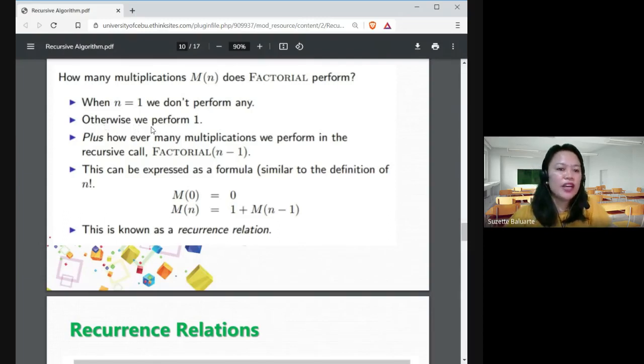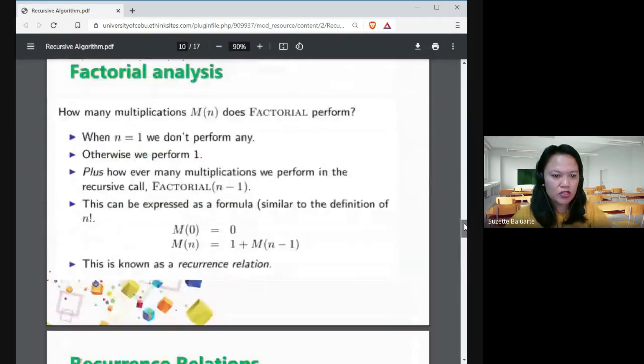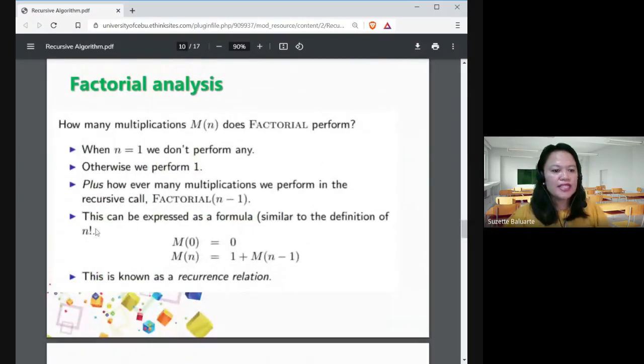Otherwise, we perform 1, plus however many multiplications we perform in the recursive call. So it would be in the else part, so you will have factorial n minus 1. This can be expressed as a formula similar to the definition of n factorial.